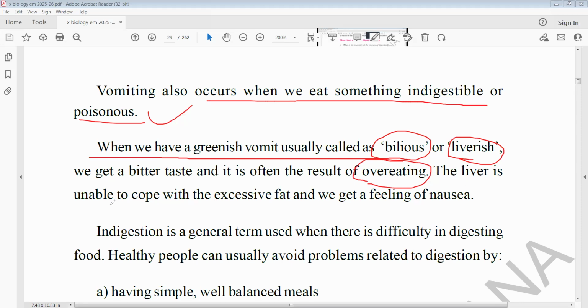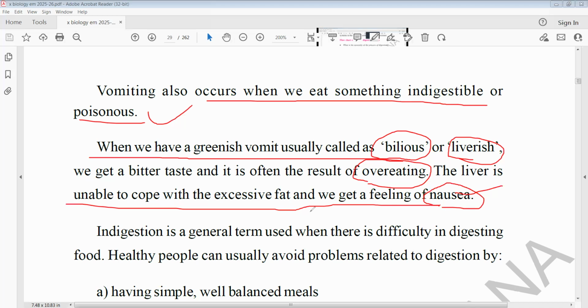The liver is unable to cope with the excessive fat, and we get a feeling of nausea. When excessive fats are present in our body, the liver becomes a fatty liver. At that time we get nausea, uneasiness and a vomiting tendency.